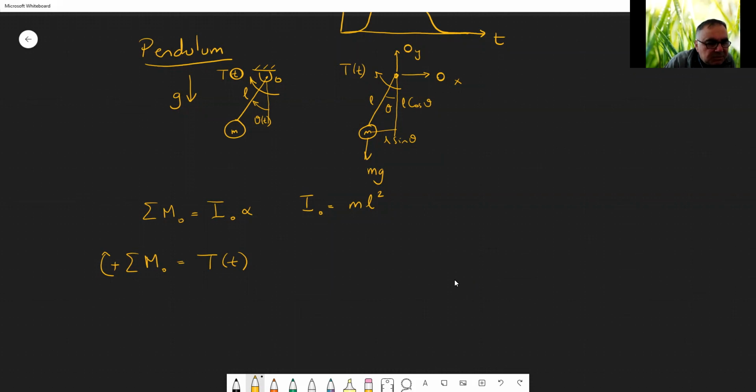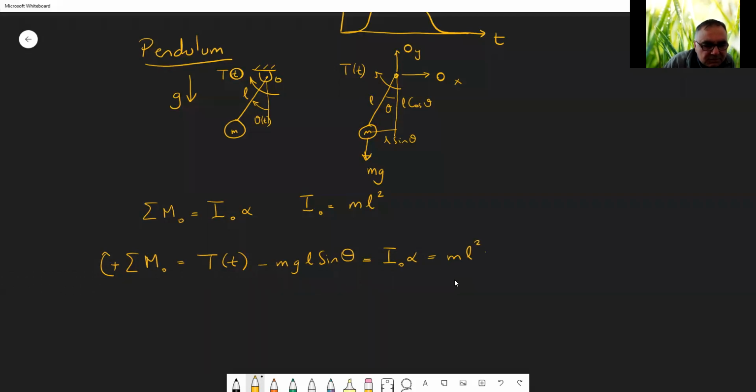There is this mg, downward, which has a moment arm of L sine theta, so minus mgL sine theta, because it is rotating clockwise, so it's minus, is equal to I_O alpha, which is ml squared.